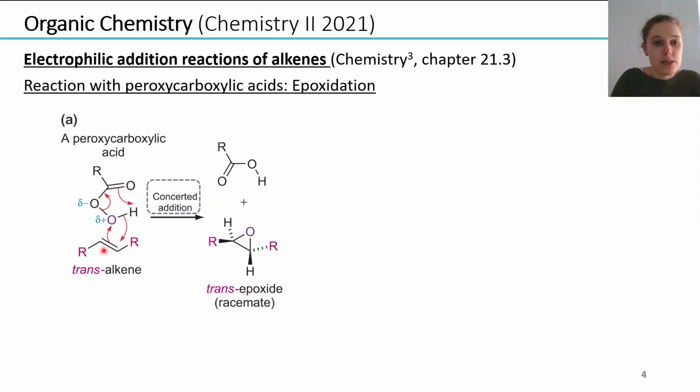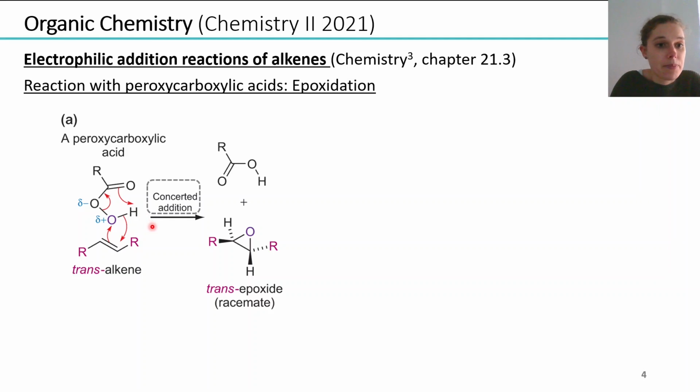As we see, this is a concerted reaction. That means we will move the electron pair from the carbon-carbon double bond towards this positively charged oxygen atom. Then this very weak oxygen-oxygen bond will break, and the electron pair will move towards the carbonyl group, and at the same time the proton will be abstracted from the hydroxide group.